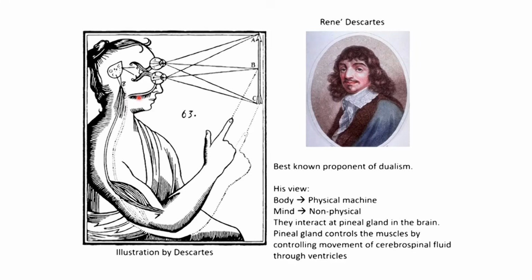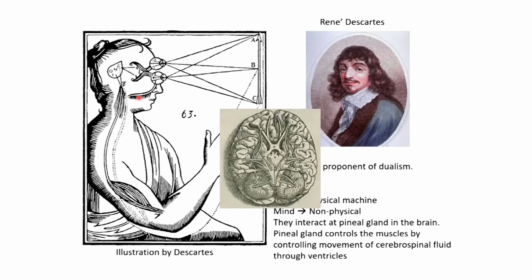And why did he narrow down to the pineal gland? That's because he thought that this interaction of the mind must happen at a single place in the brain, should not happen at 2 or 3 places. And if you look at the structure of the brain, you find that every brain is symmetric and it has left and right halves, and most parts of the brain are present in 2 copies, the left copy and the right copy.